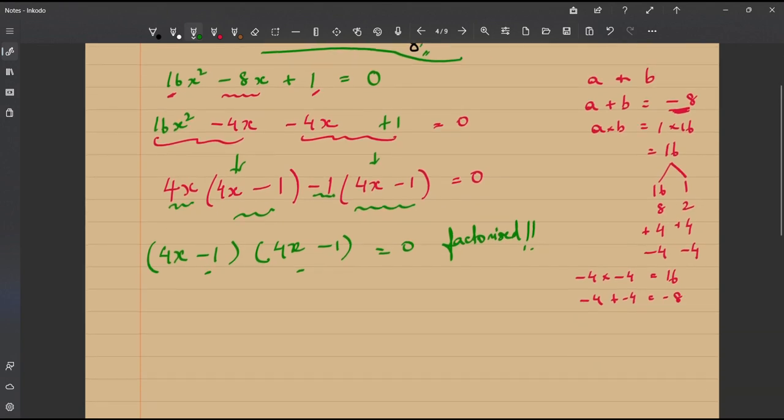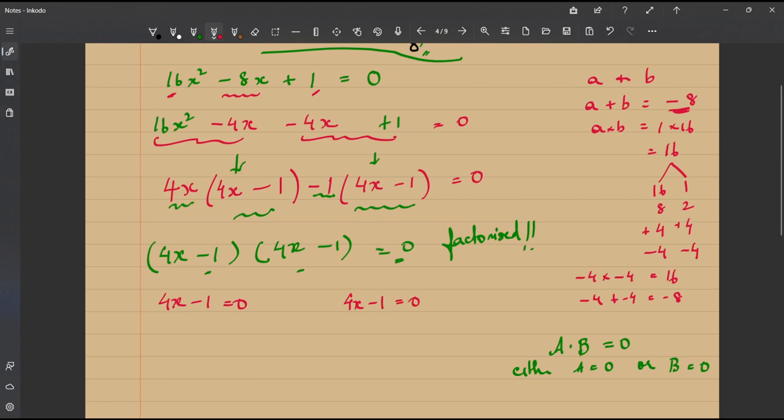You know that the product of any two numbers, suppose we have two numbers a and b, will be equal to 0 only if either a is equal to 0 or b is equal to 0. So what do we have? We have 4x minus 1 is equal to 0. Now in this case it's a repeated factor. So once again 4x minus 1 is equal to 0.